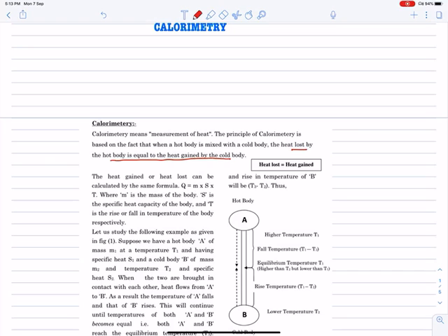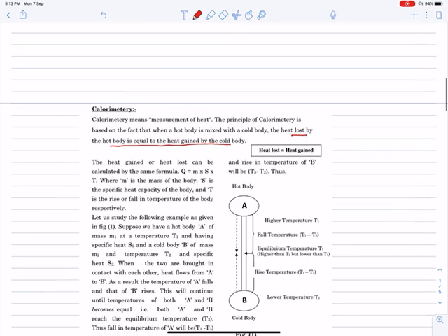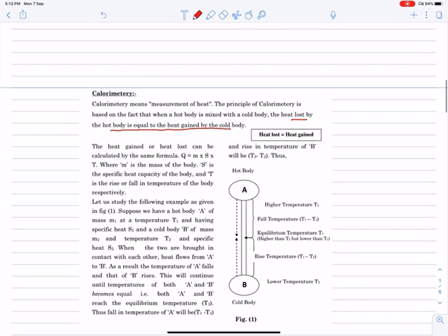Obviously, the body that is at higher temperature will be hot, and the body which is at lower temperature will be cold. So it is common sense. Now we can understand in depth how to use this and how to solve numericals based on calorimetry.